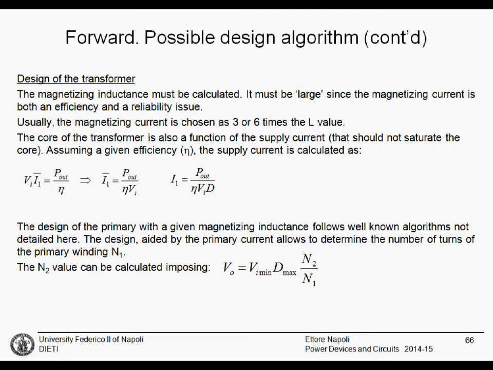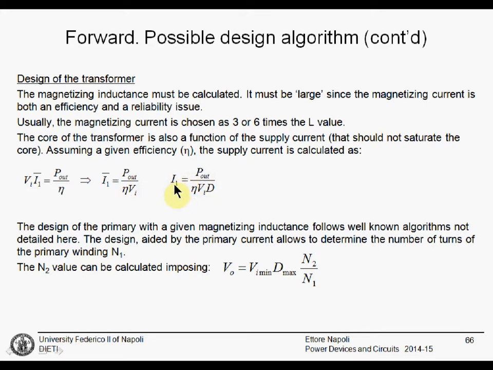We can then calculate the average supply current with a simple assumption on the efficiency. If we assume a given efficiency, let's say 90%, 80%, or maybe 100%, we can say that the supply voltage multiplied by the average input current is equal to P out divided by the efficiency. Hence, we can easily calculate the average input current.